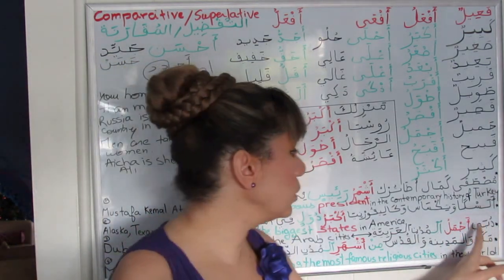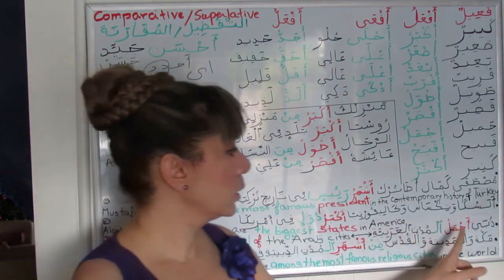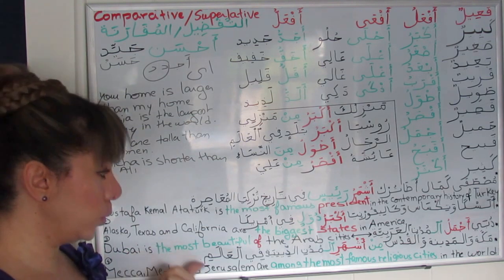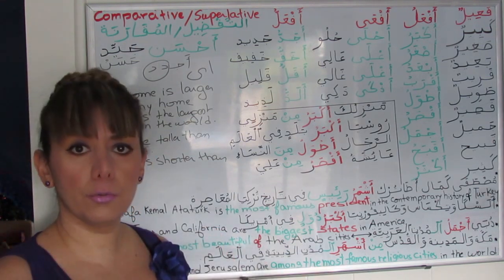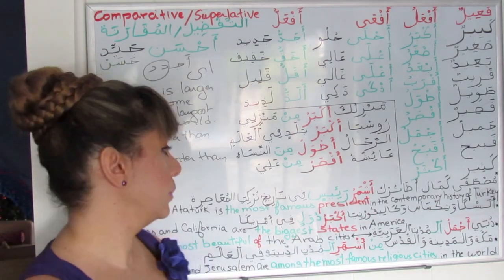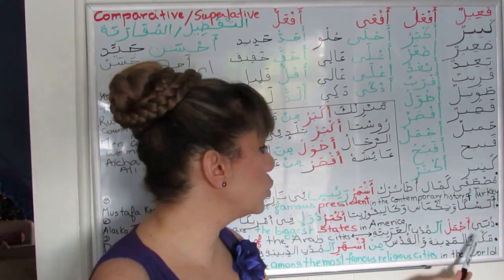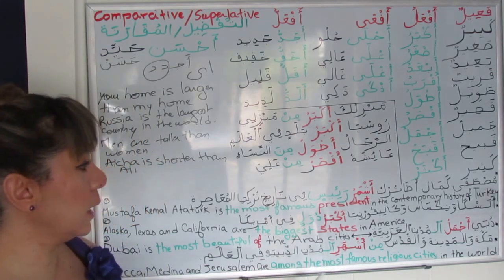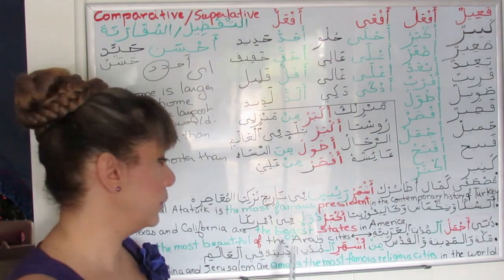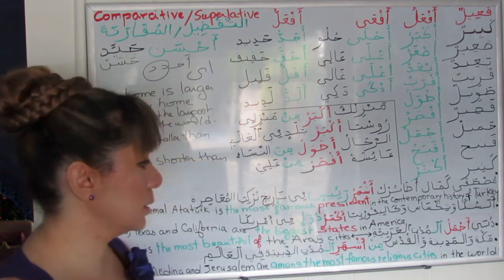So if we want to translate it, in this case, we will say Dubai is the most beautiful of the Arab cities. So أجمل المدن العربية, the most beautiful of the Arab cities.